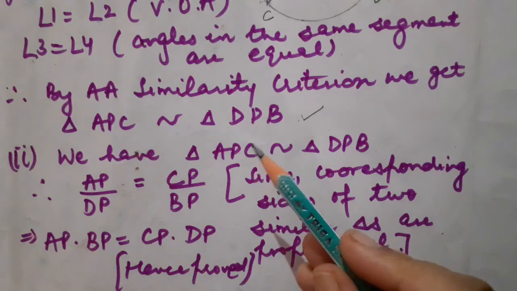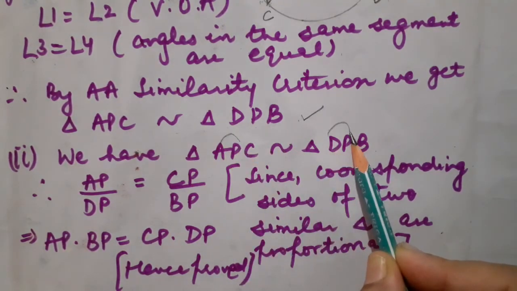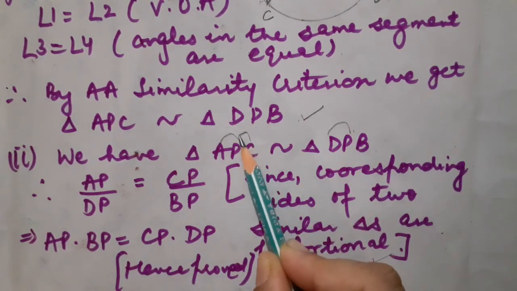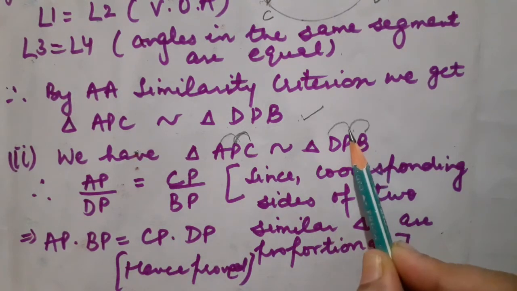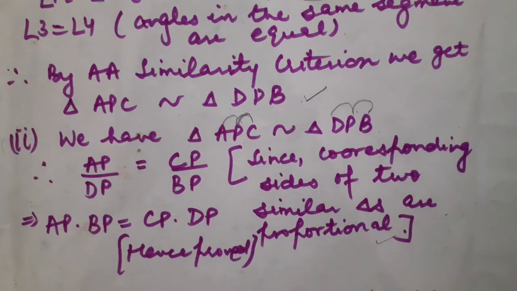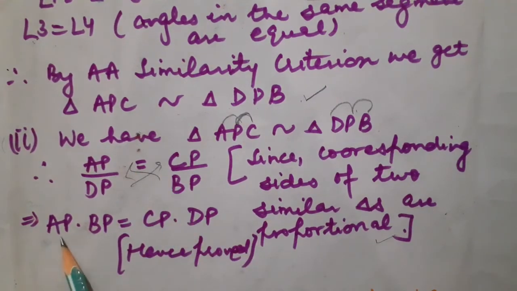So can I say that AP upon DP is equal to CP upon BP. Correct? So now by cross multiplying, I have got AP into BP is equal to CP into DP. Correct? So hence proved. The same thing we wanted to prove.